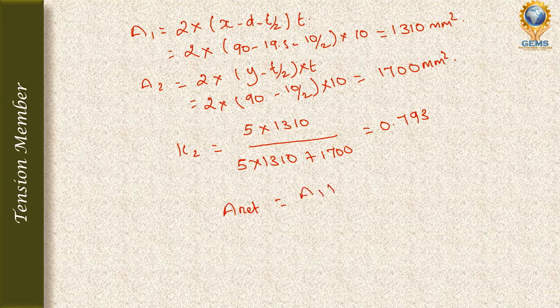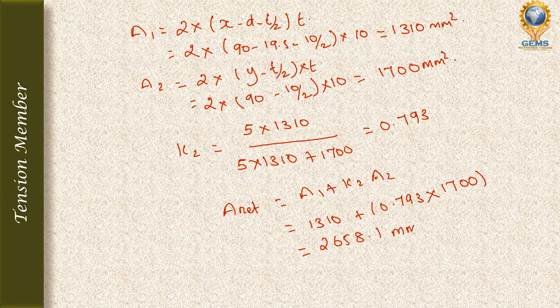It is A1 plus K2 A2. Here A1 is 1310 plus 0.793 into 1700. It will come as 2658.1 mm square. This is the solution of the problem.